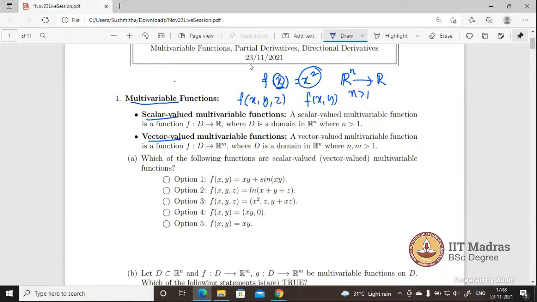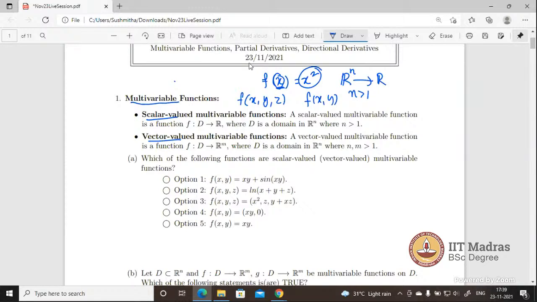Now, when we talk about the codomain, we are actually looking at the value the function takes. That is when you have two categories: scalar valued and vector valued. So when do you say a function is scalar valued? When the output of the function is a scalar, right? And by scalars, we mean real numbers.